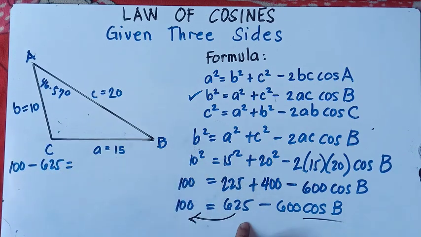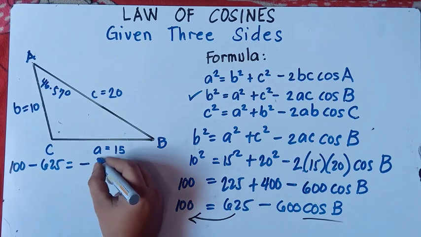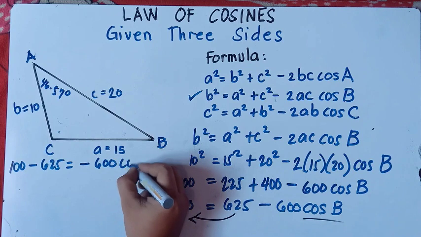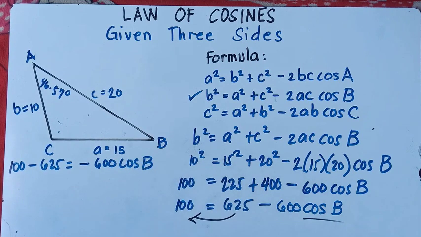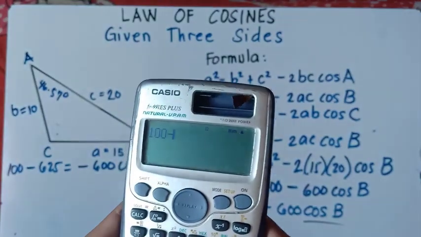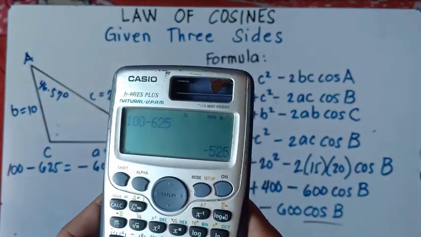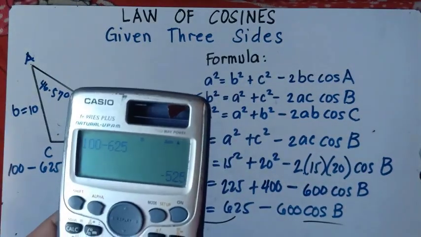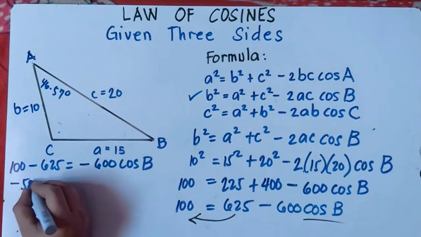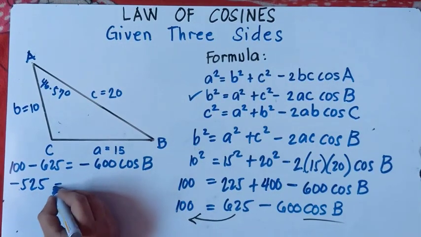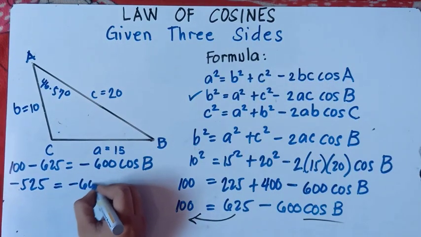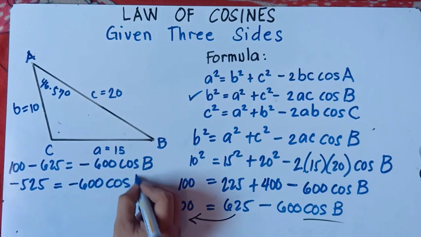So 625 becomes negative, equals negative 600 cos B. Alright, so next is combine this one. So 100 minus 625, that's negative 525. Let me check that one. 100 minus 625, negative 525. Negative 525 equals negative 600 cos B.